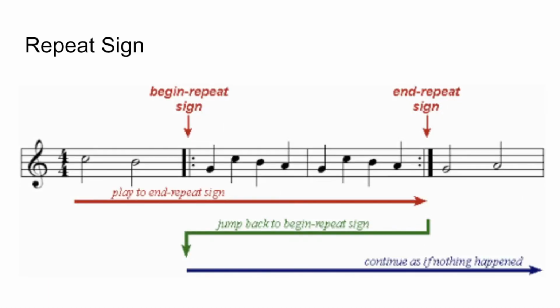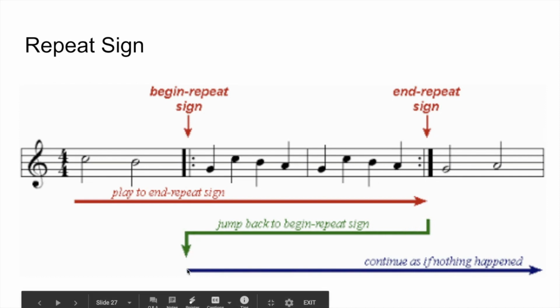Now, something that comes up in a lot of your music is the repeat sign. We might need to review on this. You repeat everything that's inside the repeat sign. So that means that you start and you play to the end of the repeat sign. When you get here, you jump back to the beginning repeat sign, which is right here.